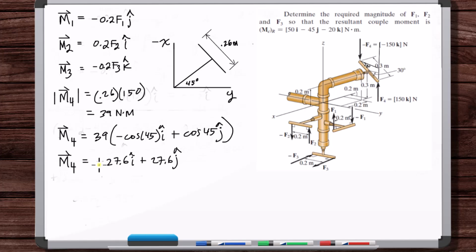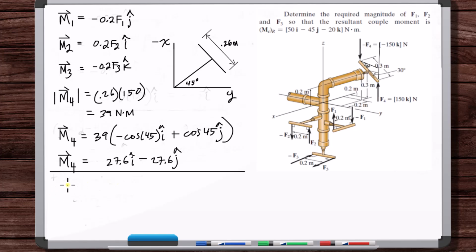This is positive and this is negative. There we go. That is M1, M2, M3, and M4. These are free vectors, so the vector sum M1 plus M2 plus M3 plus M4 needs to equal this.